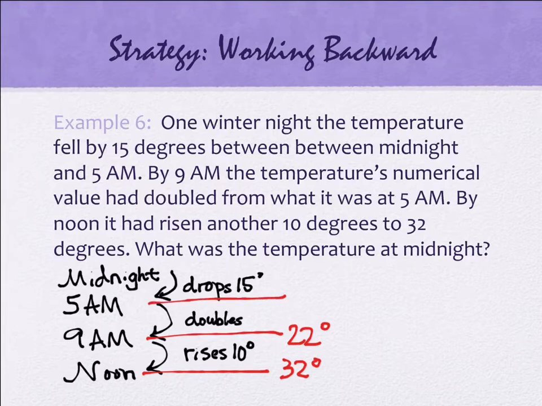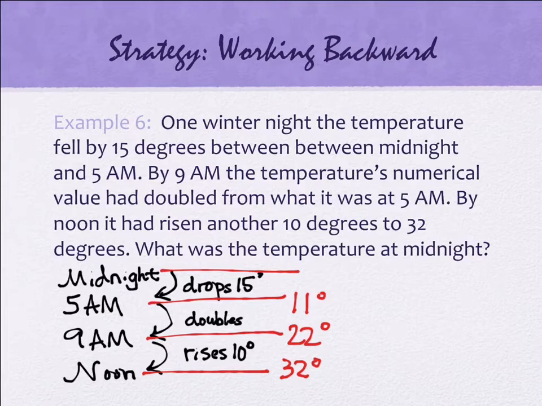What about 5 a.m.? It had doubled. So you'd need to divide. You're going to go backwards and you divide by 2. So that would give you 11 degrees. And then at midnight, what would I have to do? Whatever the value was, it would have had to have been subtracted by 15 in order to give me 11.